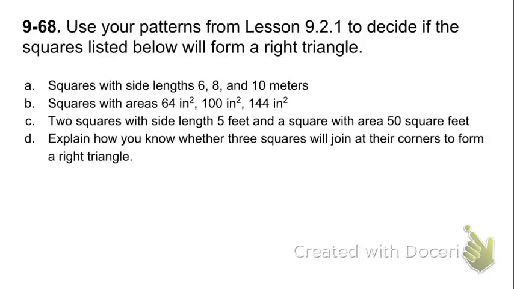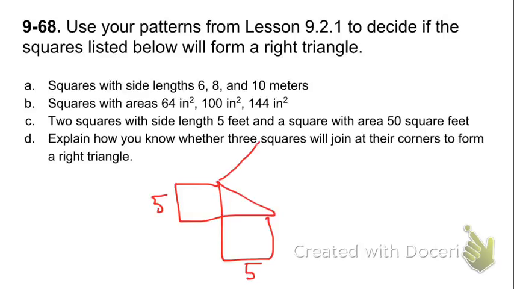C, two squares with side lengths of 5 feet and a square with an area of 50 square feet. So we've got two squares, each with a side length of 5, and that's the side length, and a square that has an area of 50. So we're now dealing with two different things. If I were to draw this, what they're saying is this one has a length of 5, this one has a length of 5, and this final one has an area of 50.